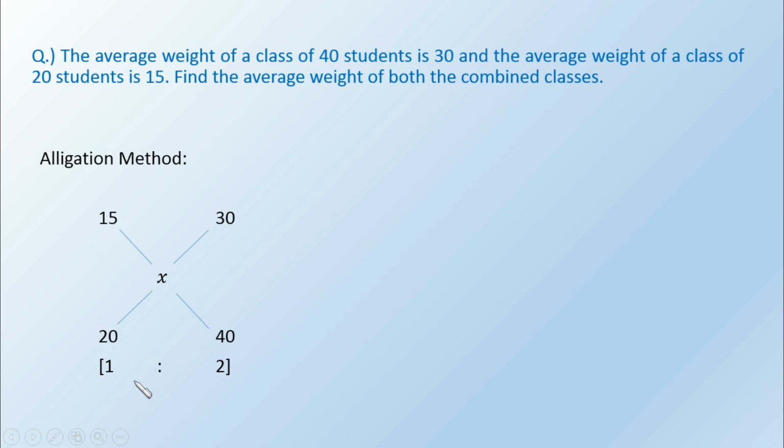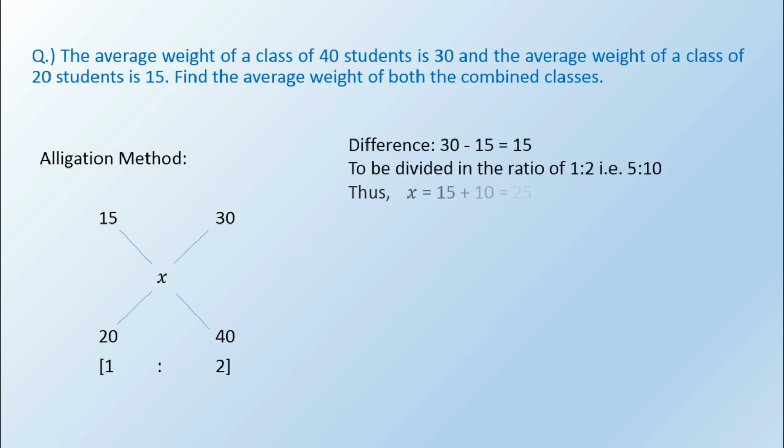Now what we do here is the difference at the top, 30 minus 15, is equal to 15. This 15 is to be divided in the ratio of 1 is to 2, which gives us 5 is to 10.